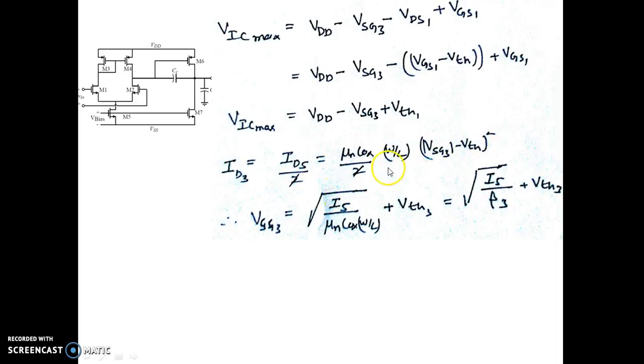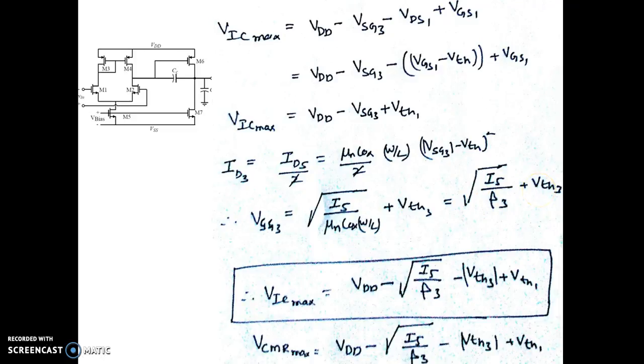So we are rewriting this VSG3 as the square root of I5 by beta 3 plus the threshold voltage of the third transistor. Ultimately, the expression for VCM max, the maximum common mode voltage, is VDD minus root of I5 by beta 3 minus VTH3 plus VTH1.